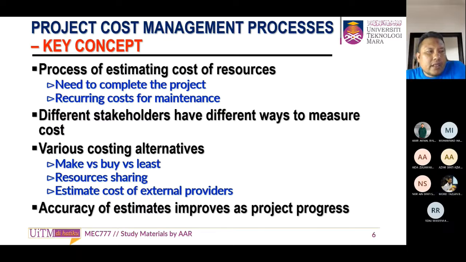Actually, I think JKR also started to shift from the traditional practice that Fazlan mentioned just now. We complete the project and then we ask for budget separately. But now JKR is also moving forward. For one project, they already consider the maintenance cost and include it with the project budget.